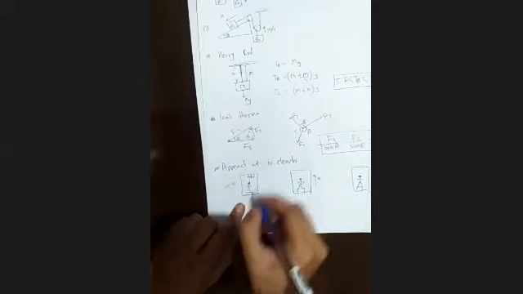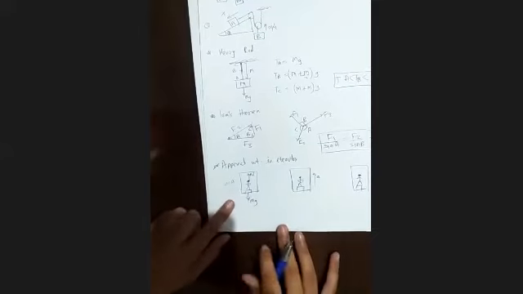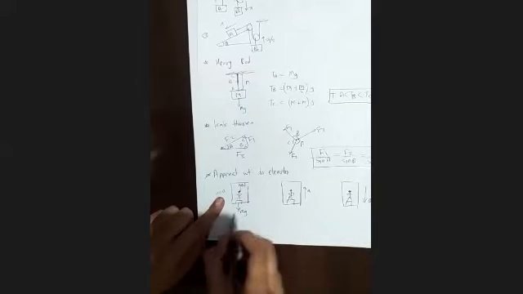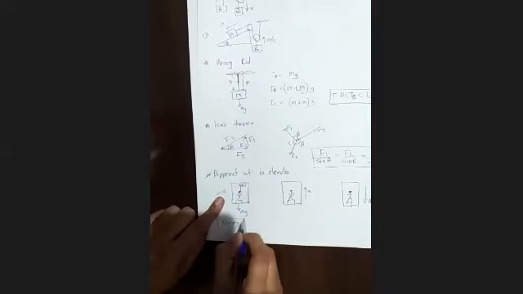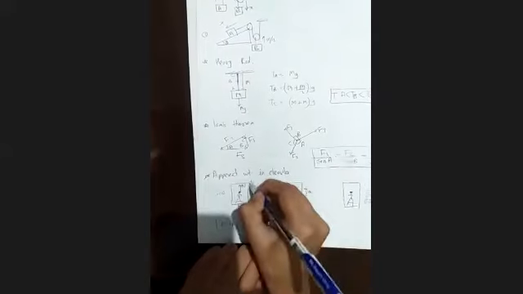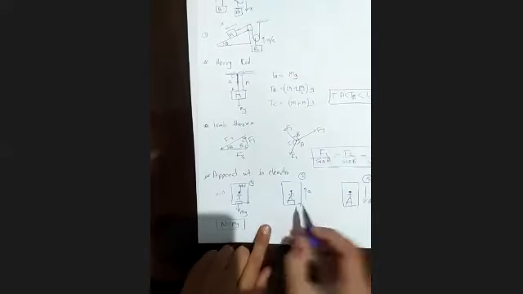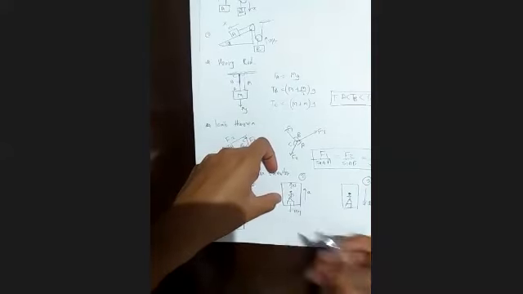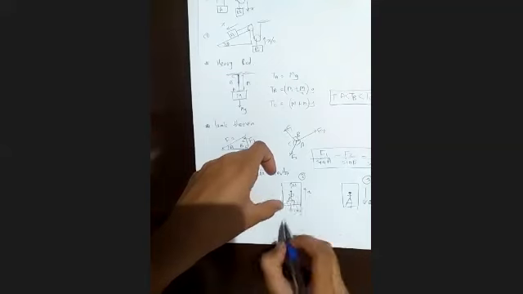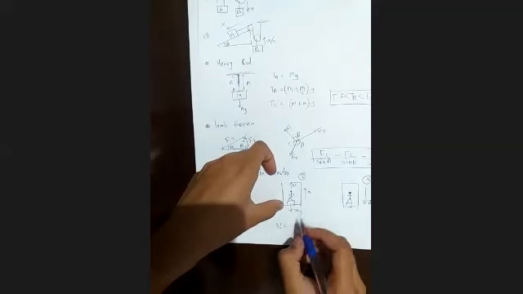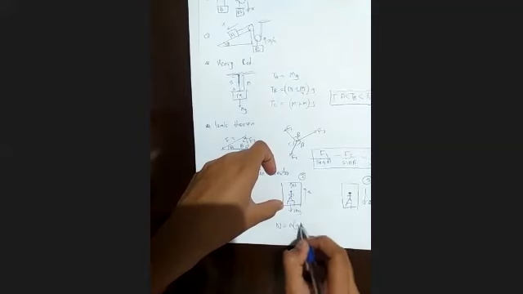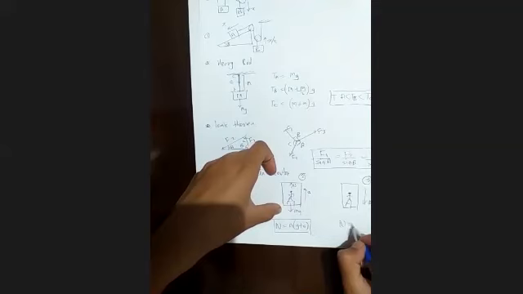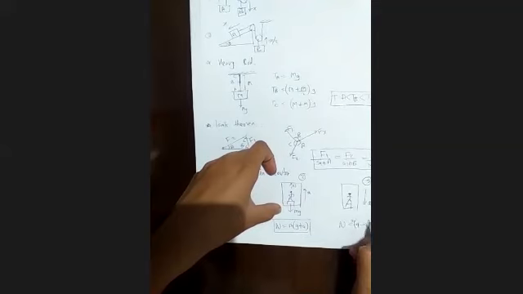Here is normal reaction upwards, and here is mg downwards. So acceleration is 0, and N equals mg simply in this case. Second case: here N goes upwards, that is normal reaction, and mg downwards. So from this we get that N equals m(g plus a), and in the third case N equals m(g minus a).